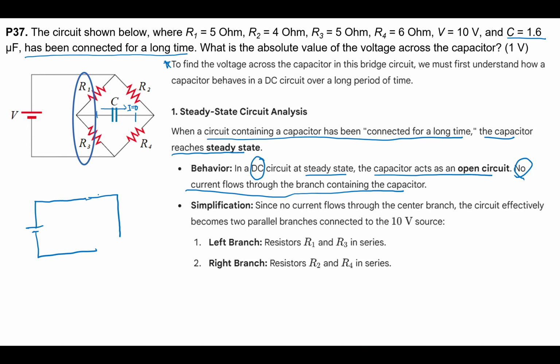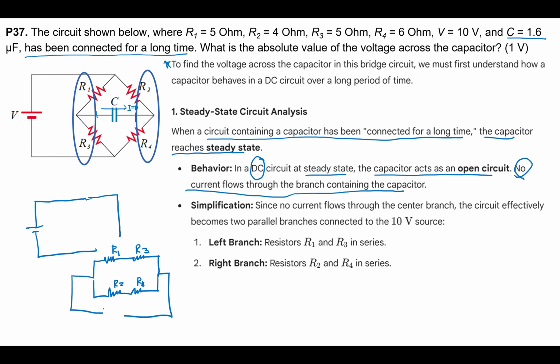Let's just forget about the drawing. So R1 and R3 are in series, and then there is R2 and R4, and then it is connected by V. And this is the same as this one, okay?